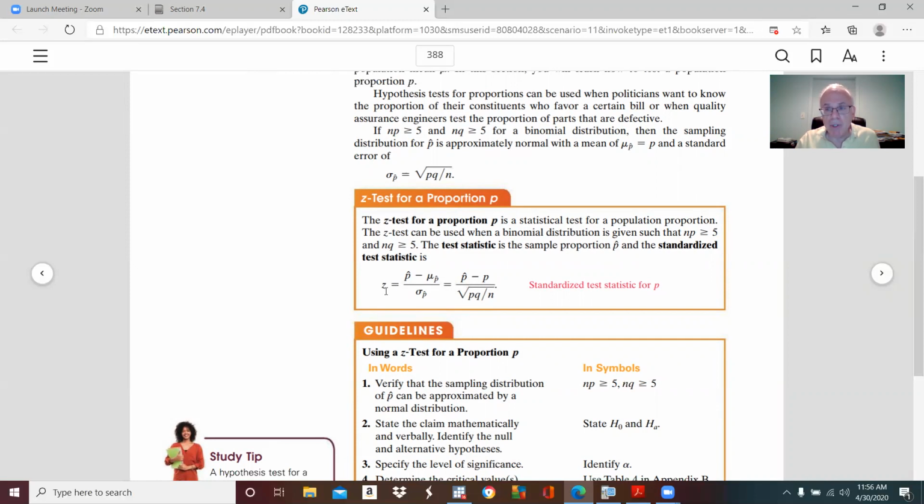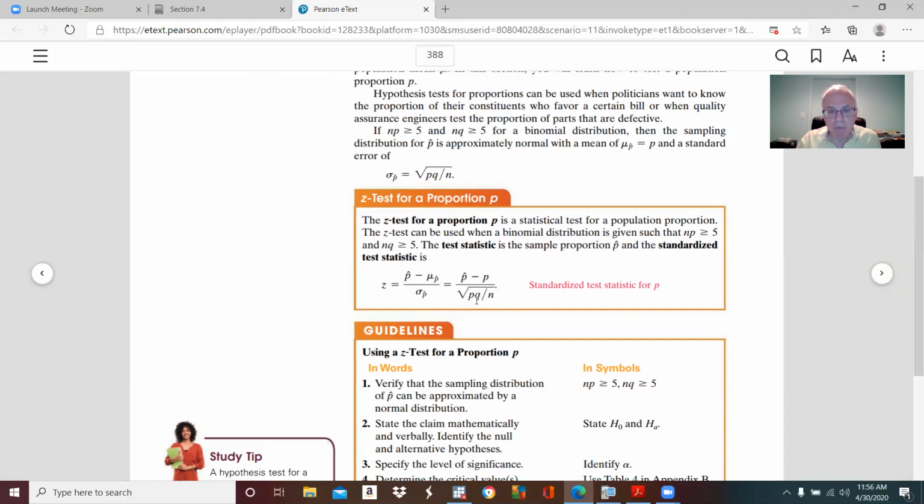The t was only used in section 7.3 when we were looking at hypothesis tests for means when the population standard deviation is unknown. For proportions, we always use a z. The numerator is p hat, which is our sample proportion, minus p, which is our hypothesized population proportion.